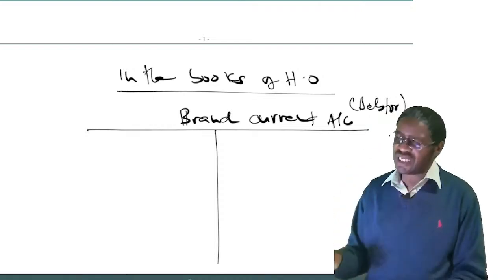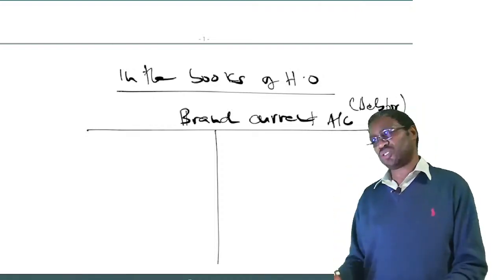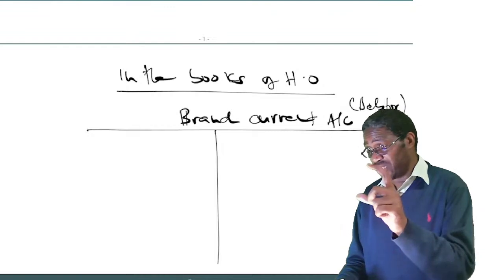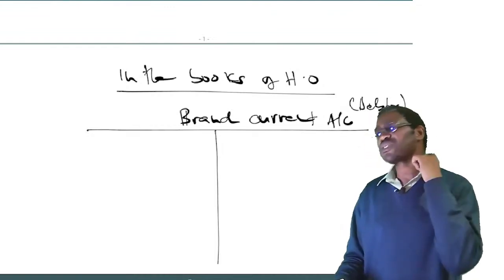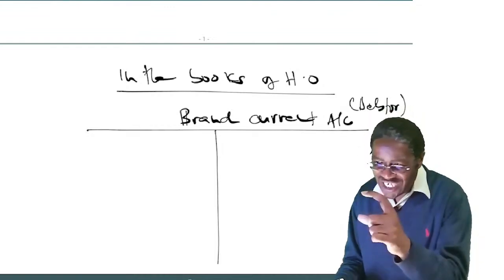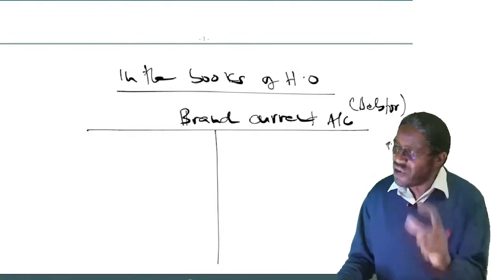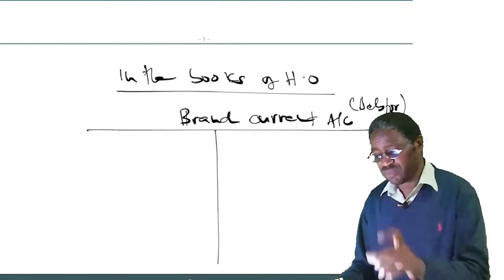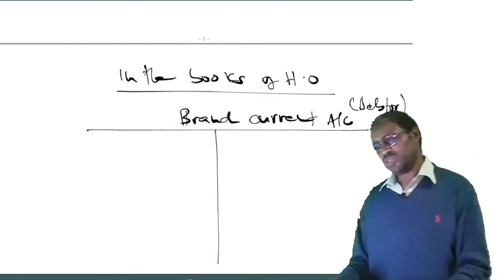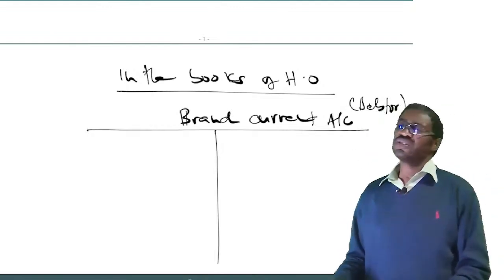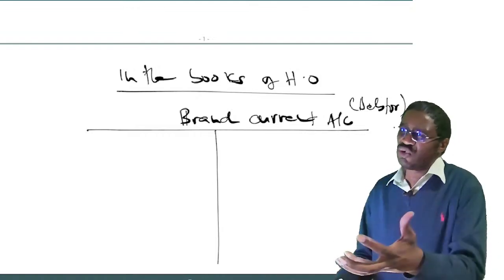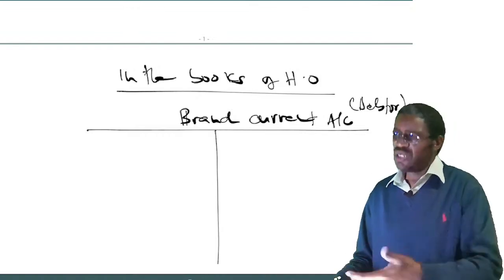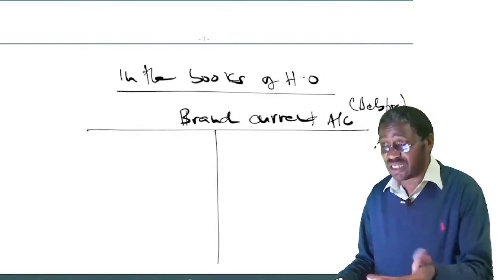In the sense that to the head office, the branch is like a debtor. Therefore, every time I send goods to them, I charge them. And of course, you know from your accounting knowledge, every time you sell goods to your customers on credit, you normally debit a debtor's account.